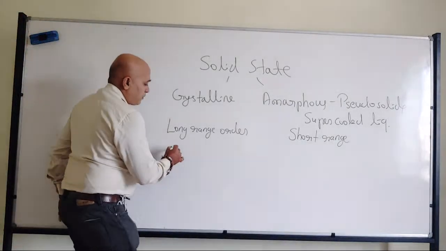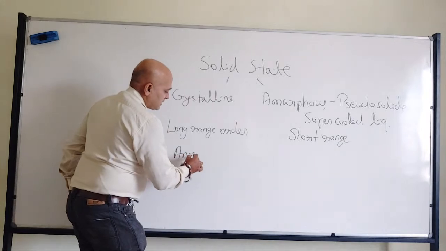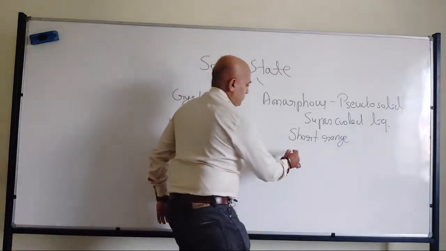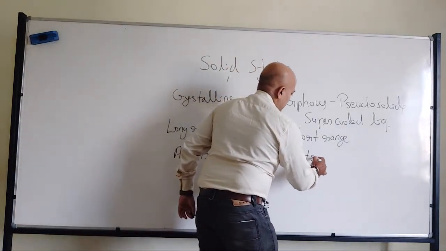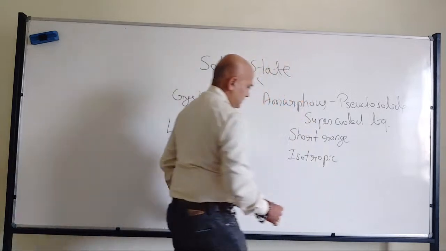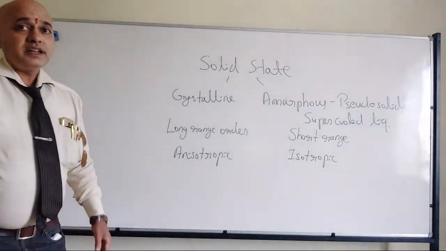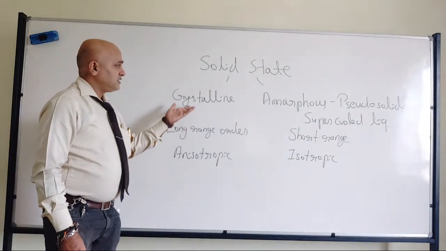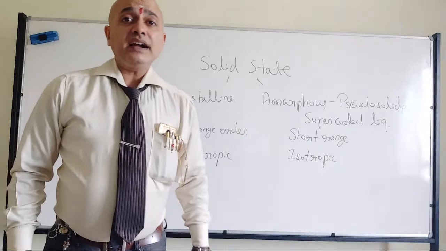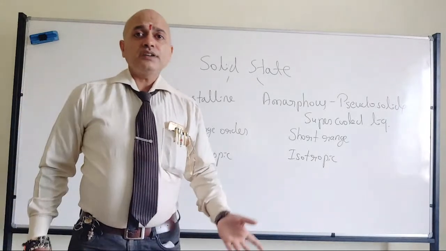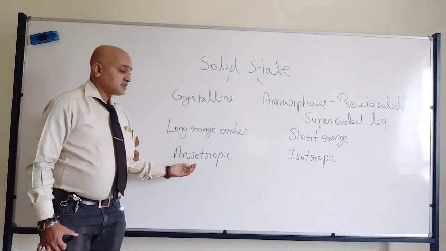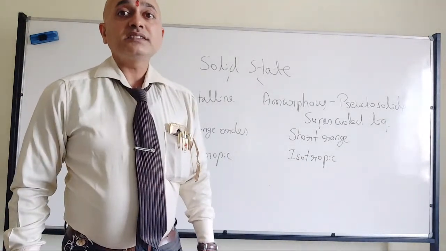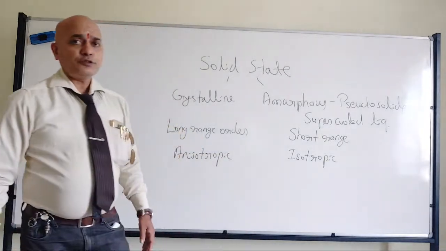Another important property: crystalline solids are anisotropic, but amorphous solids are isotropic. When light rays are incident on the crystal at different angles, they show different diffraction, that's why it is called anisotropic. In amorphous, that is not there, therefore it is isotropic.